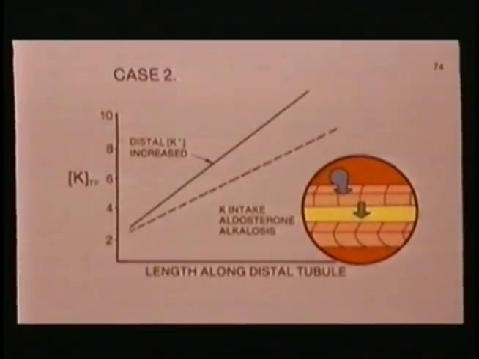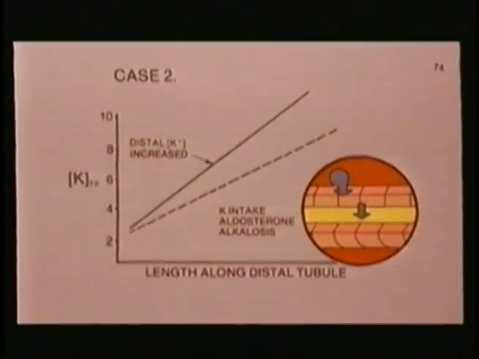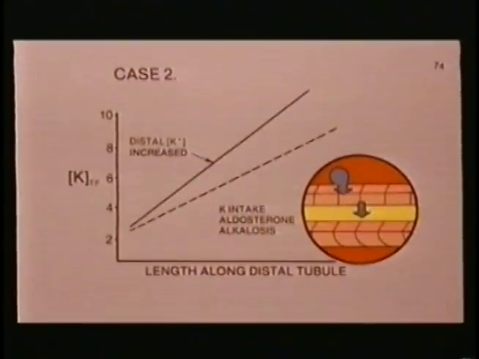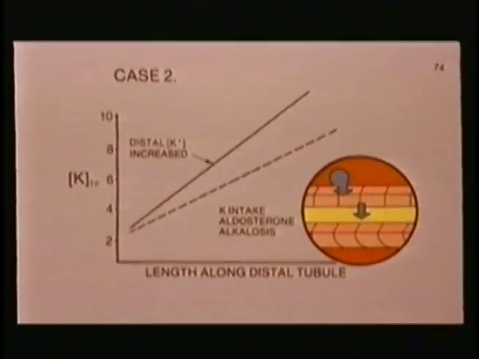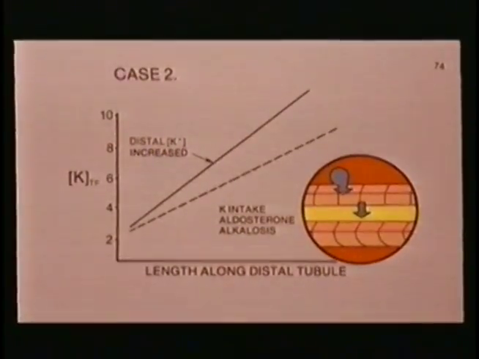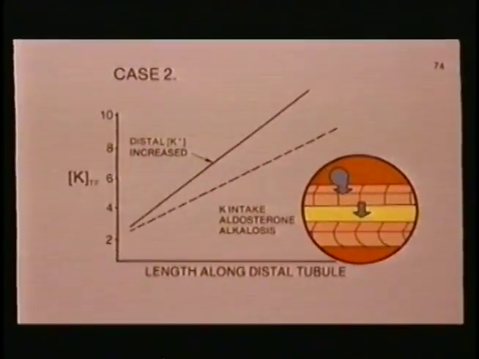Examples of case 2 are ingestion or infusion of potassium salts, administration of mineralocorticoid hormones, and acute alkalosis. It appears that the main determinant of the increased rate of secretion is initiated by an increase in peritubular uptake of potassium and therefore an increased flow of potassium from cell to lumen.